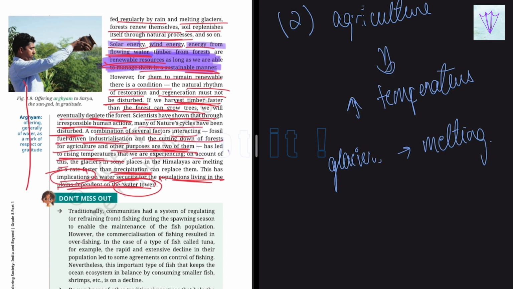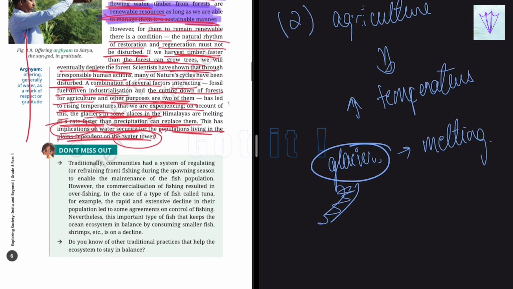Basically, glaciers are a source of rivers, and when glaciers melt faster than precipitation can replace them, it creates problems for people living in the plains dependent on the water tower.